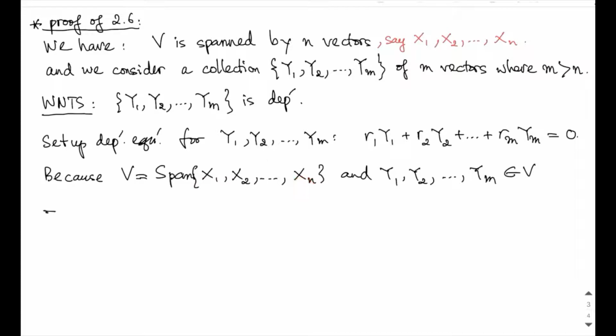So this implies that y1 has to be equal to a1 x1 plus a2 x2 up to an xn, and then y2 equals to, now you want to use b, and then you will use c for the next vector.